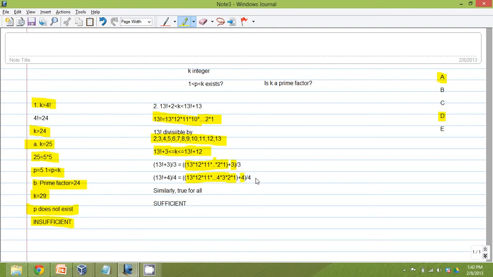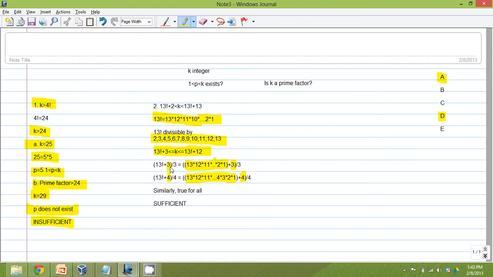If I take something like 13 factorial plus 5, 13 factorial plus 6, everywhere I would see that the number coming in the latter part of this expression, 13 factorial would be divisible by this number, the number itself would be divisible by that number, and therefore I would always have a factor between 1 and 13 factorial plus whatever number. I would always have a factor there.